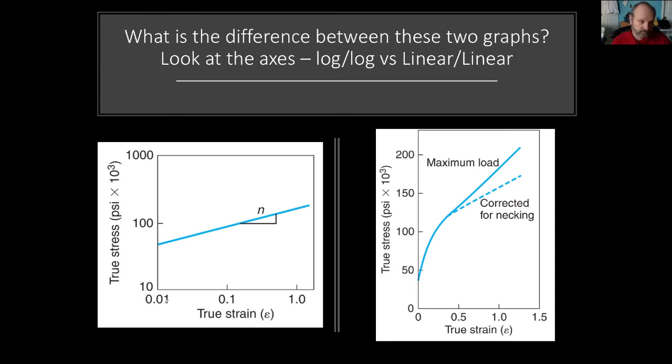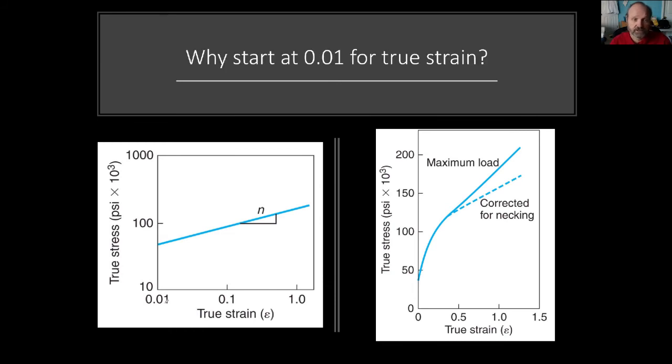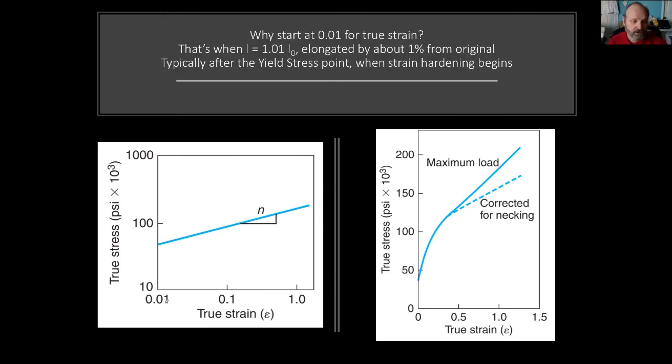This is the answer to the previous question, which says it's log-log versus linear. Why do we start at 0.01? Because that's when L is equal to 1.01 L naught. So it's elongated by about 1% from the original, typically after the yield stress point and when strain hardening begins.